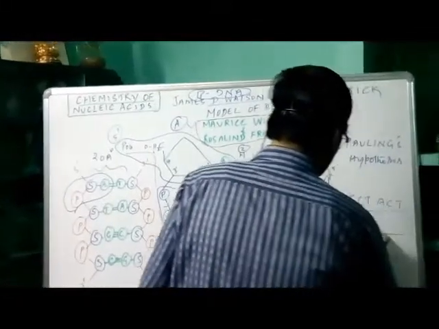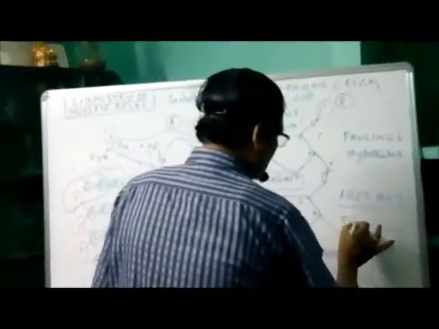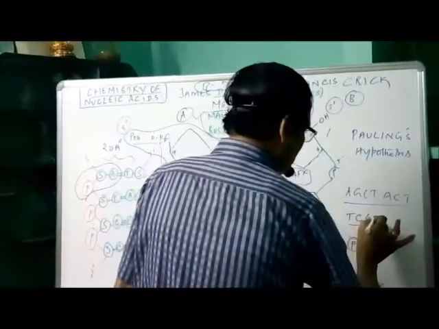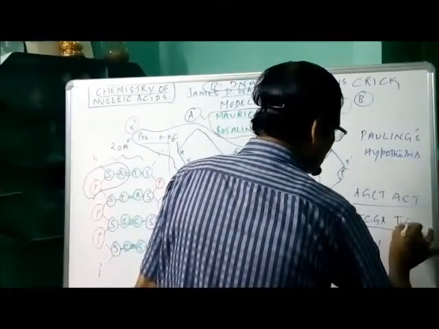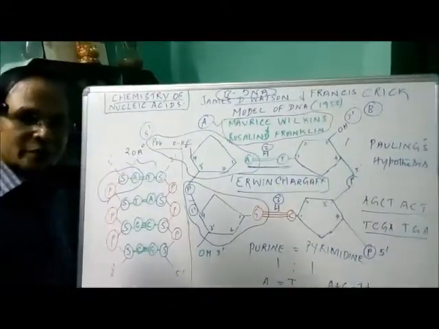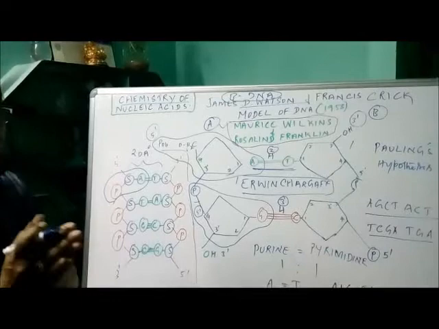Because A is always forming a pair with T, G is always forming a pair with C, and C is always forming a pair with G. So this is called complementarity. The two strands are complementary to each other.